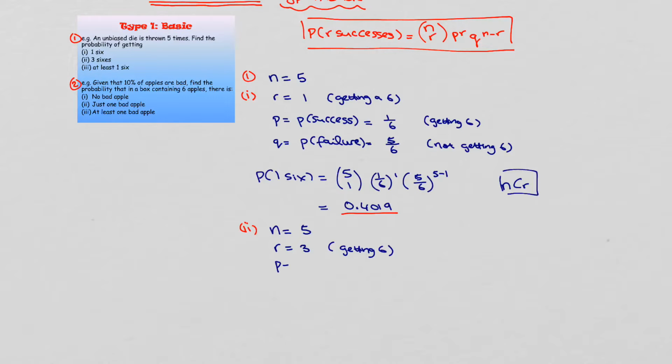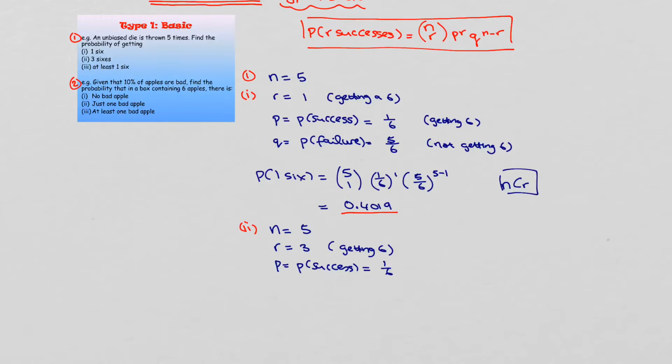So again, p is our probability of success, and therefore the probability of getting a 6 is 1/6, and the probability of failure is not getting a 6, so again, 5/6.